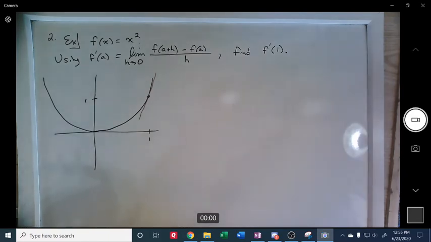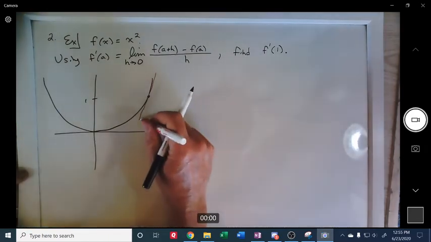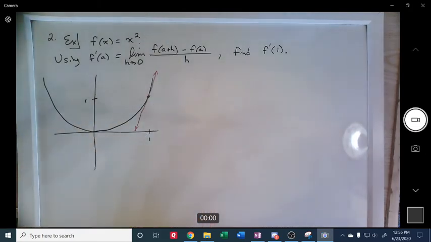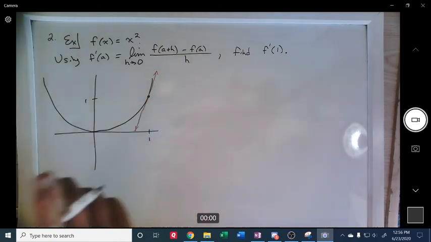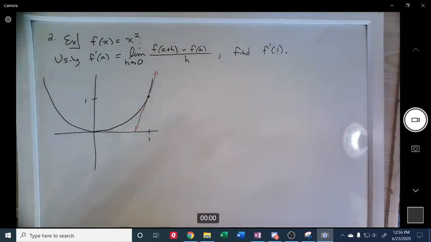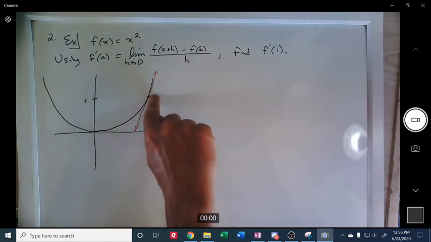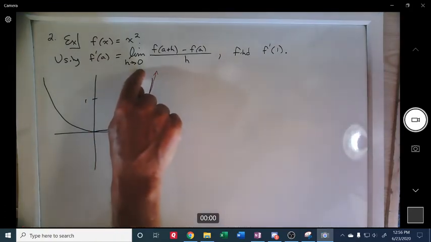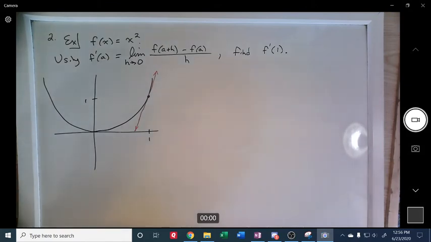Now, folks had said this was impossible to find because if you're 1/1,000,000th of a unit away from 1, it's a different slope. If you're 1/1,000,000,000th of a unit away, it's a different slope. There's no way in hell you're going to find the exact slope at exactly this point. Well, Newton and Leibniz found a way to do it, but they had to use this limit idea to do it.